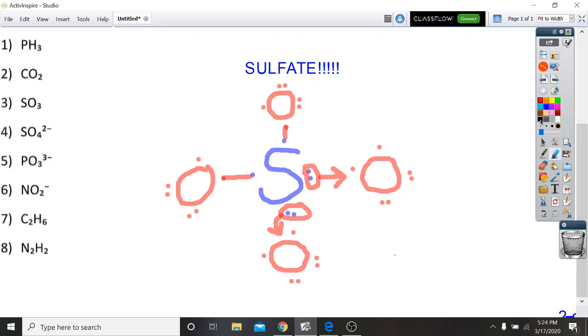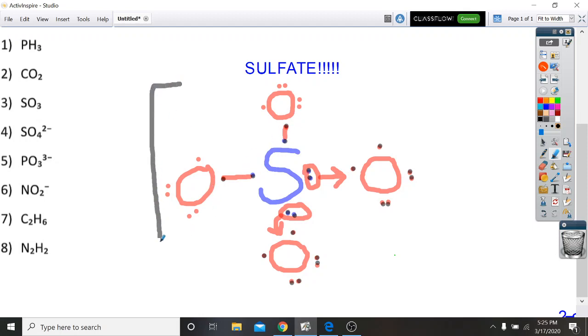So the only atoms that are happy are sulfur, oxygen, and oxygen here. This sulfur has 1, 2, 3, 4, 5, 6, 7, and 8. This oxygen has 8. And same thing here, 8. These do not. They only have 7.